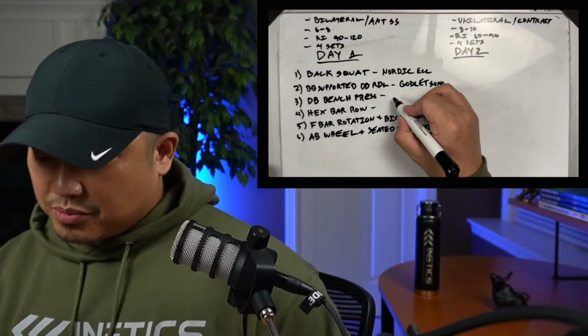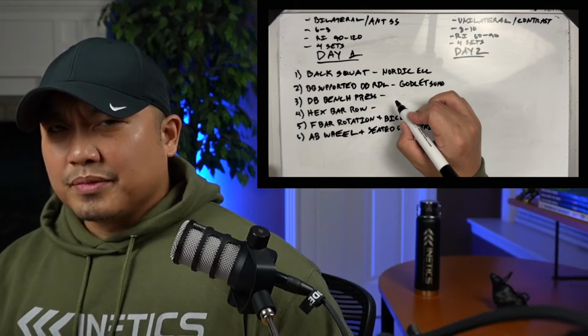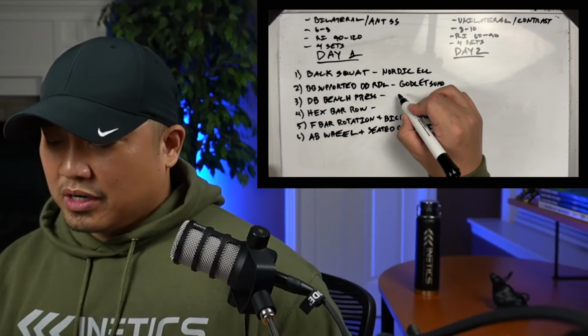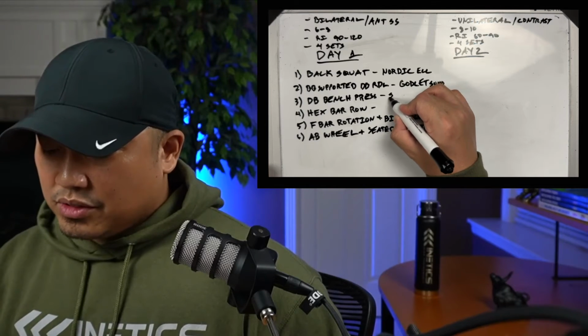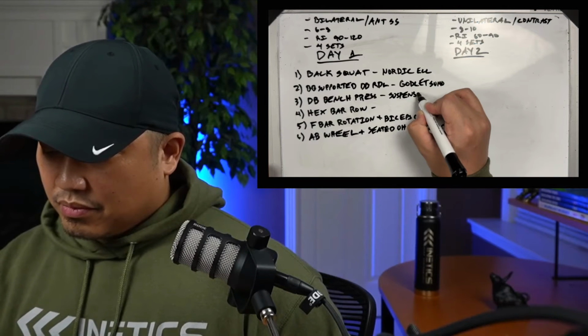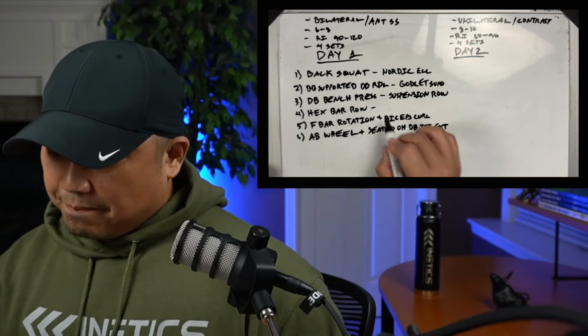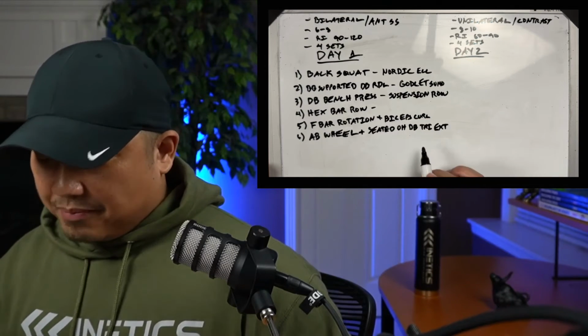All right, dumbbell chest press. Obviously we need some kind of a row here. I am partial to suspension rows, so let's get those in here. That'd be a good superset to that.